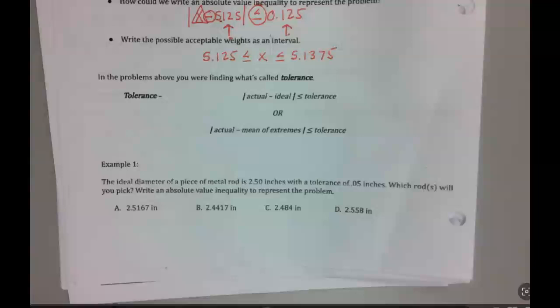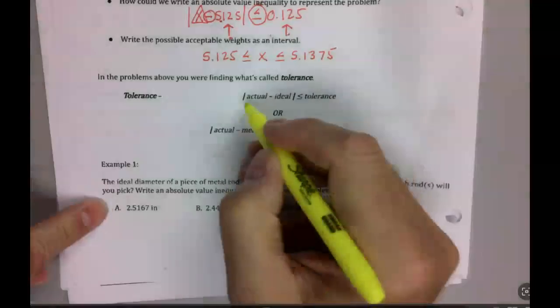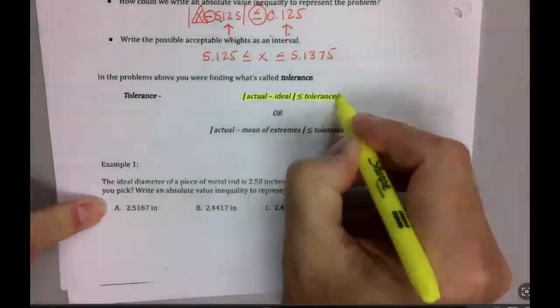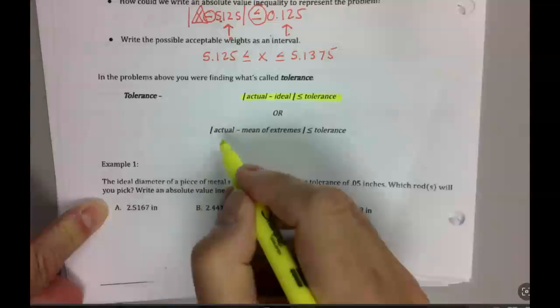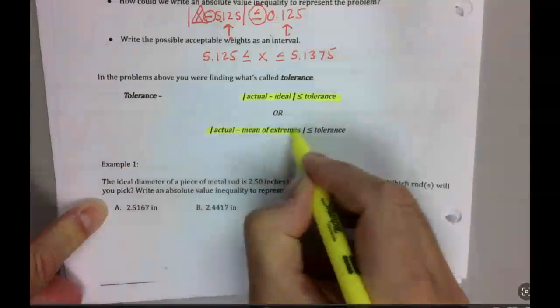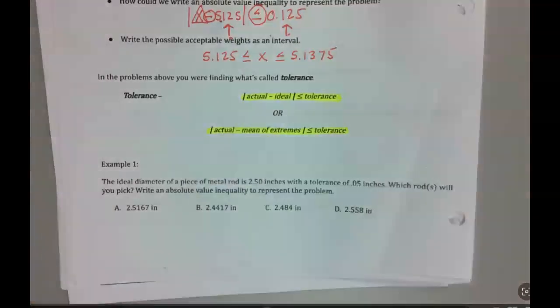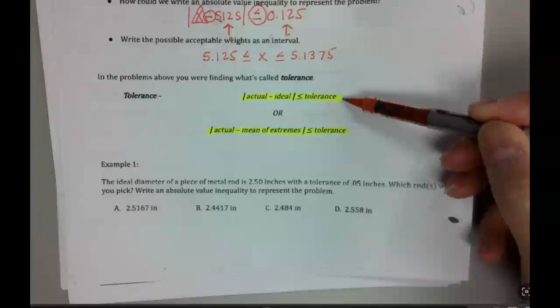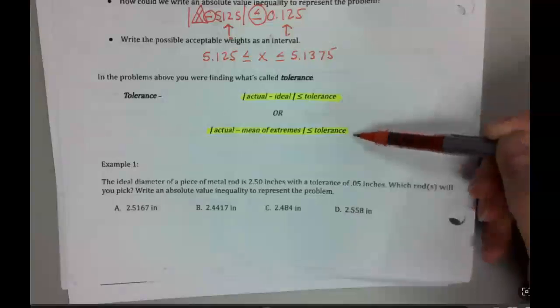This is the equation that we just worked on: actual minus ideal, absolute value, is less than or equal to tolerance. And the second one, I'll do an example like this one, which is a little bit harder. Okay? So those are what you're going to use. This one we just worked on. This one here, I'm going to show you an example like that.